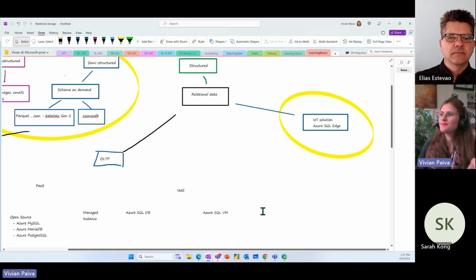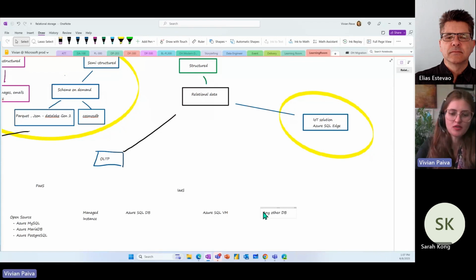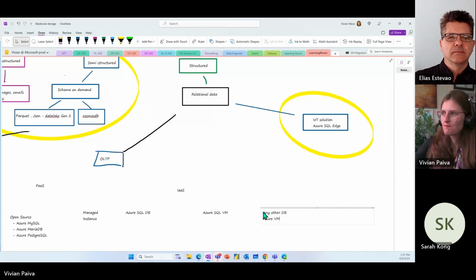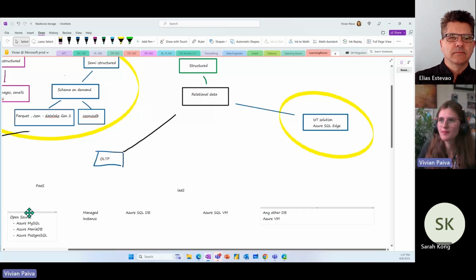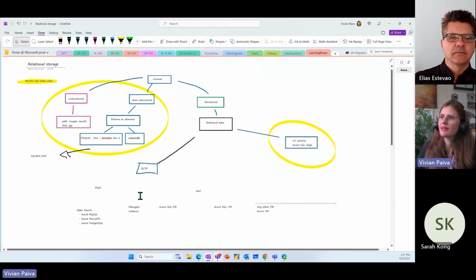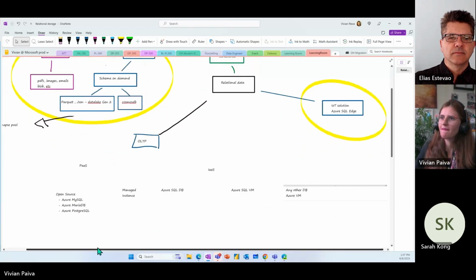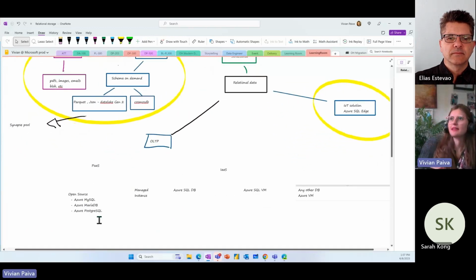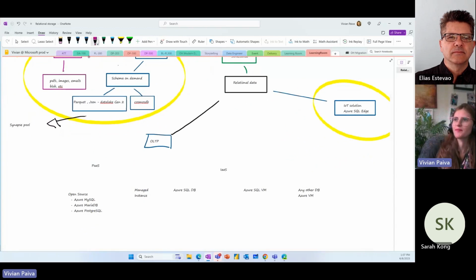And we have any other DB engine running also inside the Azure SQL VM. So those are the options. And now we're going to discuss a little bit about these options here.